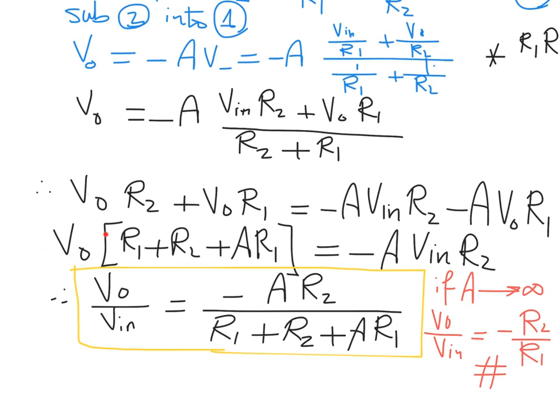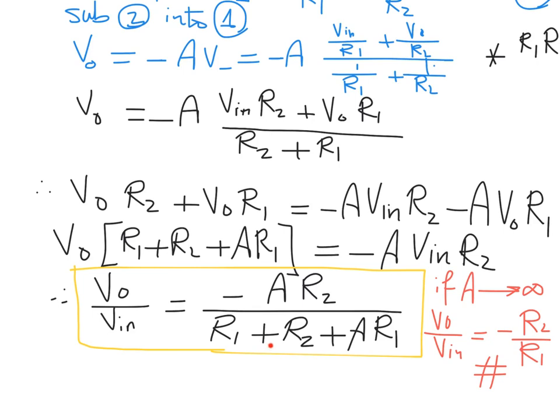Take all VO terms on one side and Vn on the other side. And then just dividing VO over Vn will give you this relation: minus A multiplied by R2 over R1 plus R2 plus A times R2. It may seem somewhat complicated, this relationship between VO and Vn.